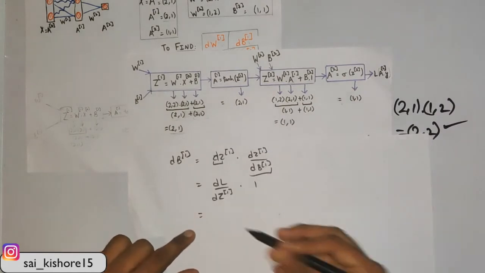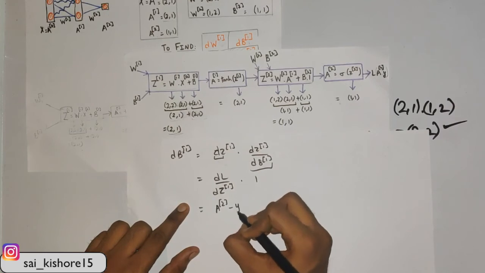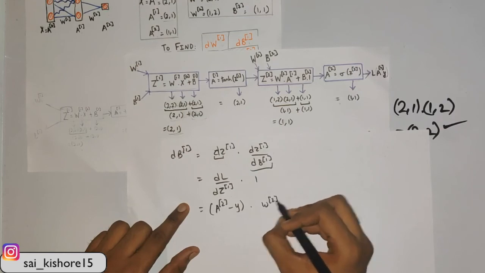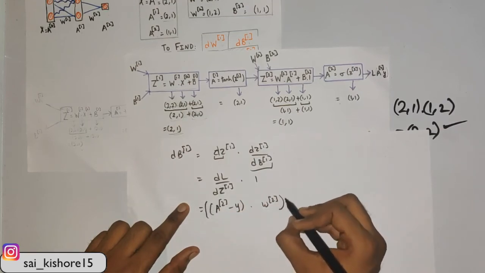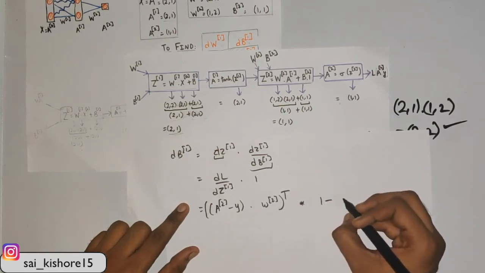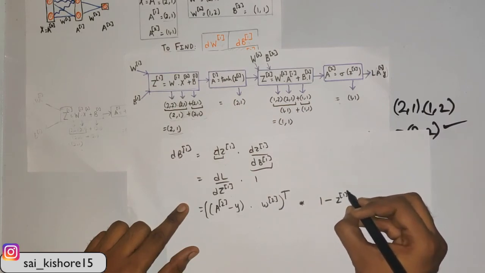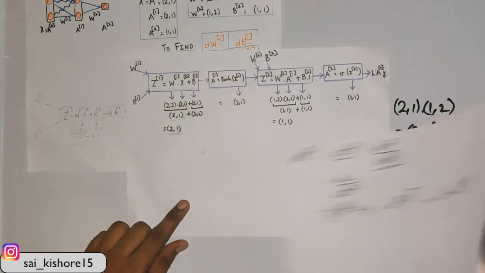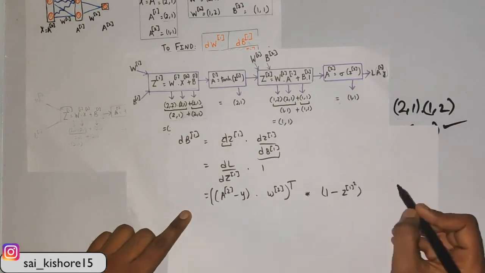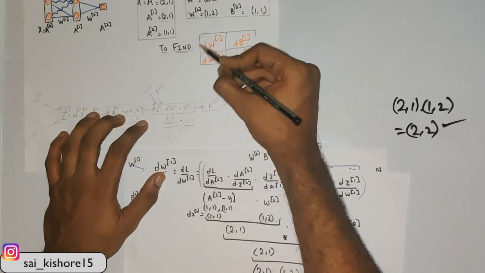To write it a bit more clearly: (a2 minus y) into w2, the whole transpose, into (1 minus z1) the whole square. Let's verify. Yeah. So this is the answer for db1. Since we have computed dw1 and db1, we can cross this off here.